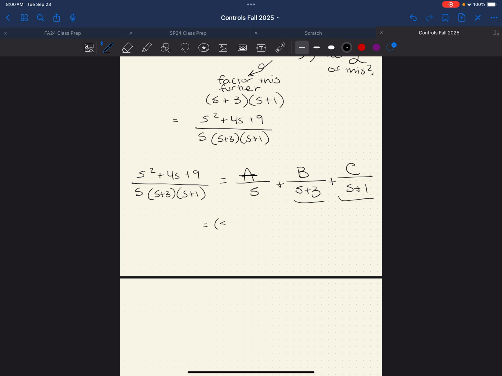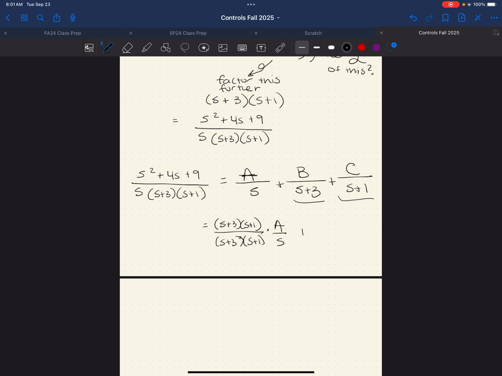We're going to multiply by (s plus 3)(s plus 1) over (s plus 3)(s plus 1), times A over s. All right, check with yourself to make sure you agree that this is a very fancy or ugly version of the number 1. We have the same stuff on the top and the same stuff on the bottom.